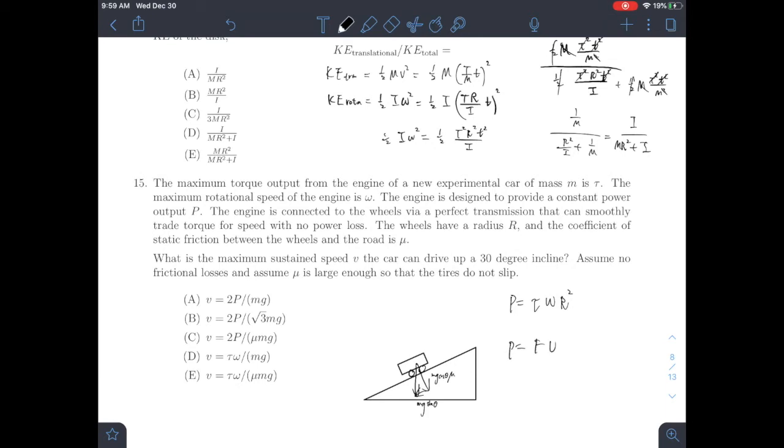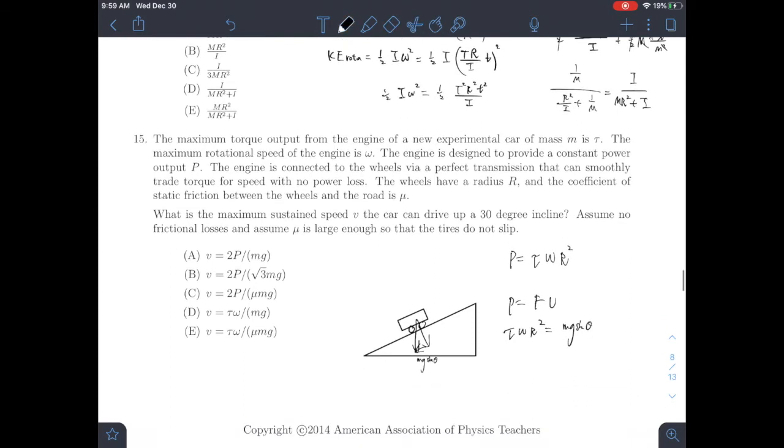So we have P equal to F times V, and then we can equate the two powers: tau times omega times r squared equals F times V. F is equal to mg sine theta minus mg cosine theta mu, then times velocity. Oh, actually, we don't need this friction force. I forgot, in the rotational motion we don't need the friction force.